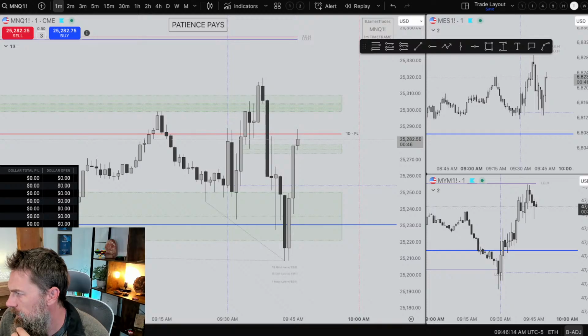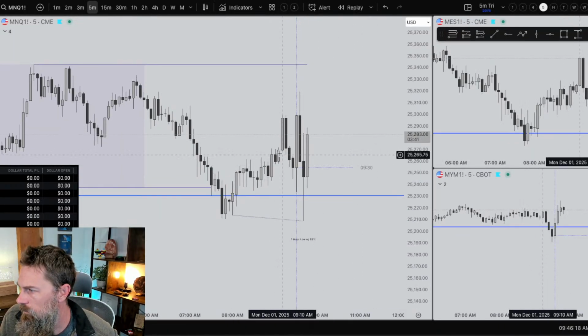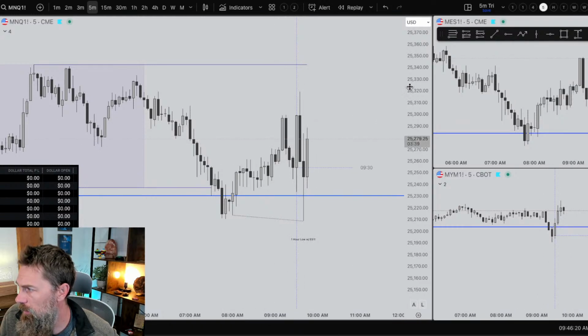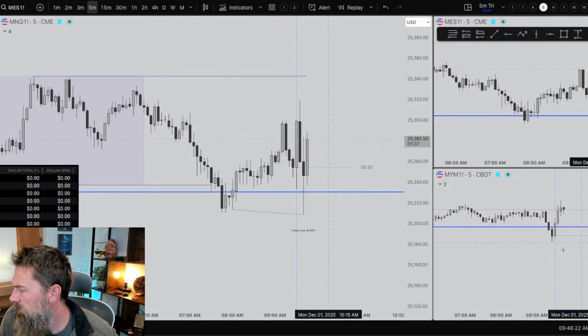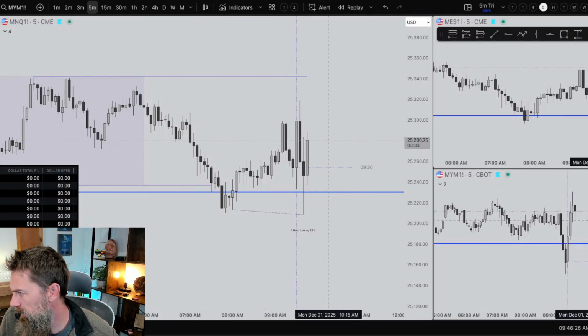Five-minute chart's not very clean. We can see the kind of zebra stripe barcode pattern here. That's a big indicator for me not to touch it. YM looks okay.